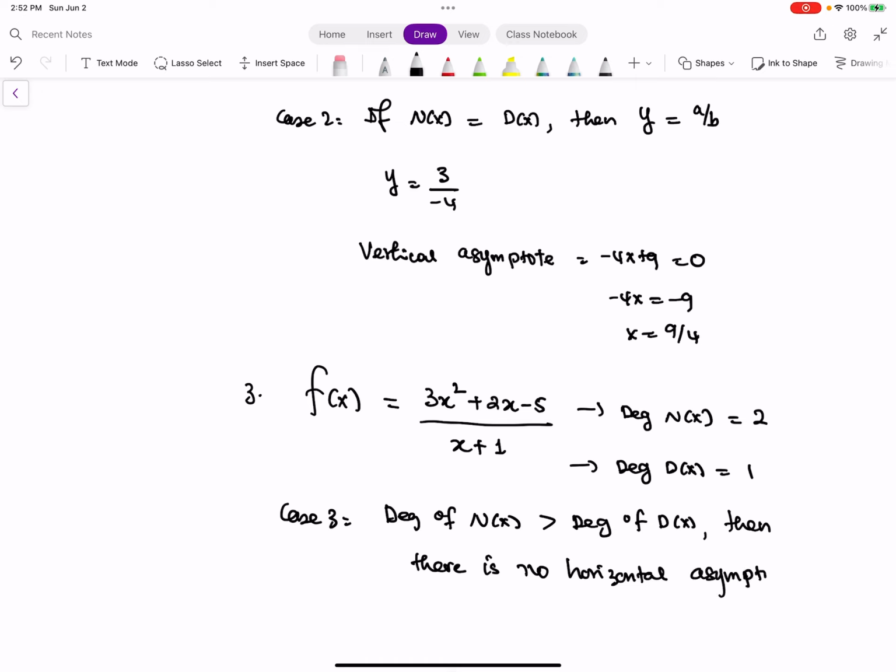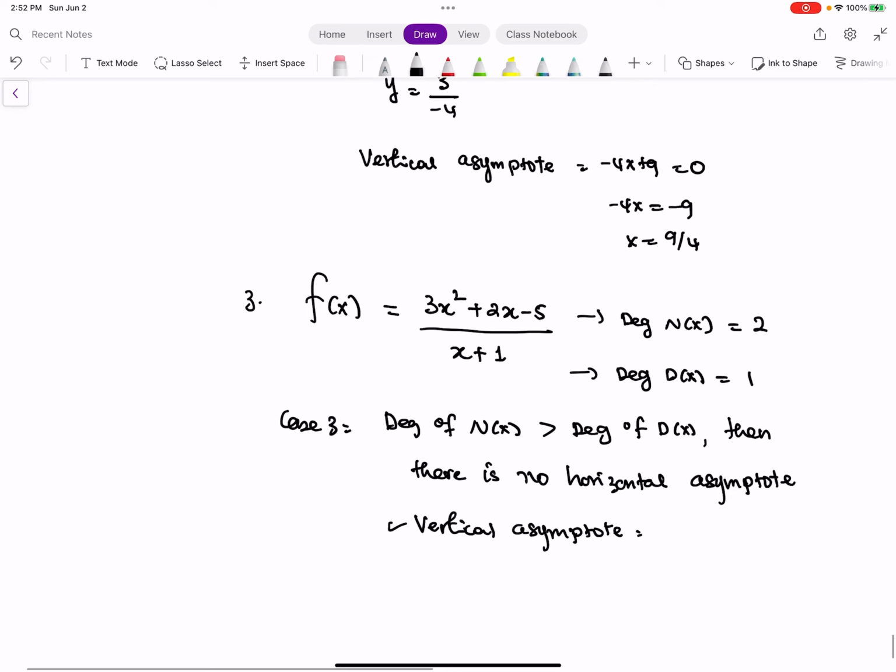But we can find the vertical asymptote in our case here. For the vertical asymptote, you set the denominator x plus 1 equal to 0, so x is equal to negative 1.